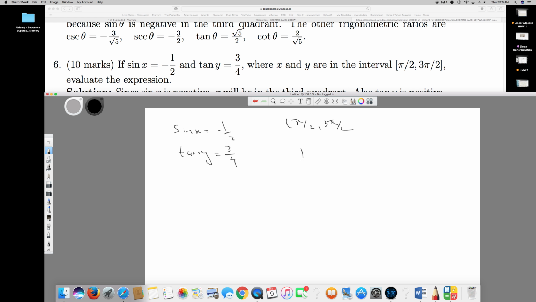So let's draw the graph right now. The interval pi to 3 pi by 2 means it should be between here. So let's recall ASTC, all silver tea cups, all students take calculus.